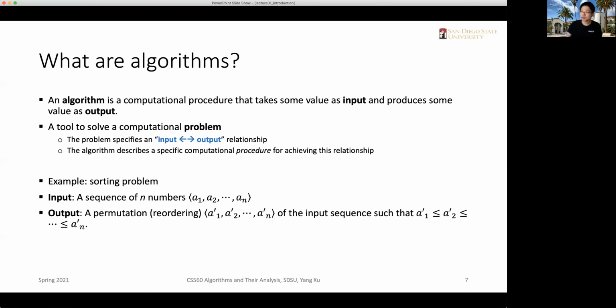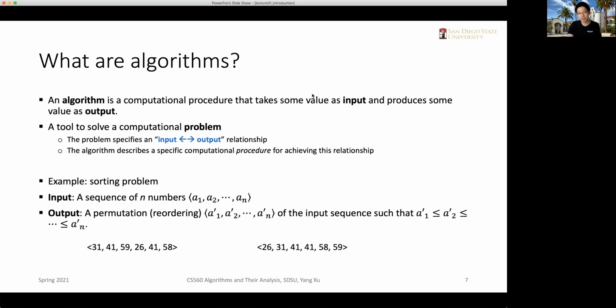Then the output is also defined as a permutation, in other words, a reordering of the original input sequence. But in the permutation, all the elements need to satisfy some constraints: A1 prime should be smaller than A2 prime, and so on. That is what the most typical ascending sorting algorithm does.